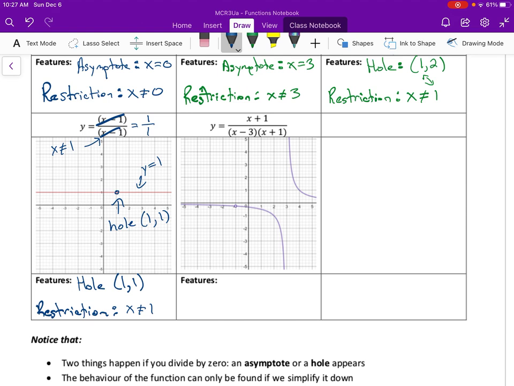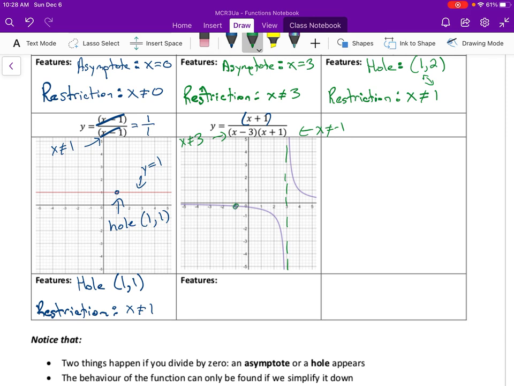So this is kind of leading into advanced functions, but it's still relevant to what we're doing. On the numerator, I've got x plus 1, and in the denominator I also have x plus 1, along with x minus 3. So if I state my restrictions here, x cannot equal negative 1, but also x cannot equal 3. Graphically, I've got an asymptote at 3, but a hole at negative 1.